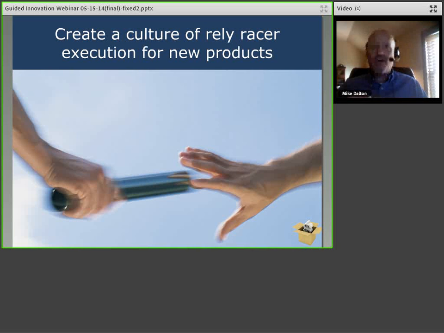They hand off the task as early as possible to a waiting runner, who then takes off running right away, so that everything just continues to move. Again, getting rid of that wait time we talked about earlier. So hopefully you can see how that maps to new product projects. Now what I want to do is dive into some of the tools that support that relay racer culture and make it possible to actually run the relay race.